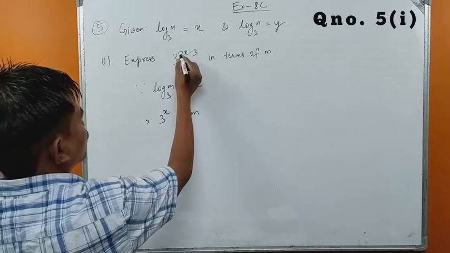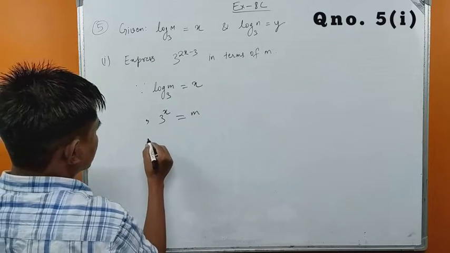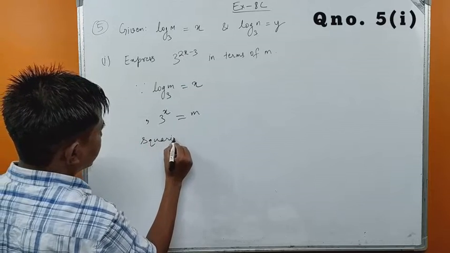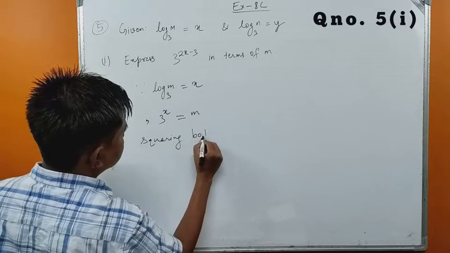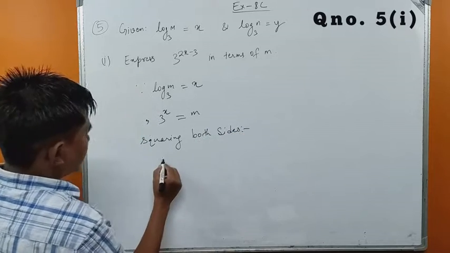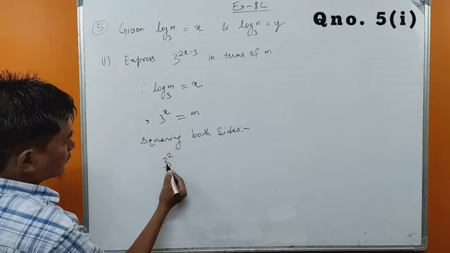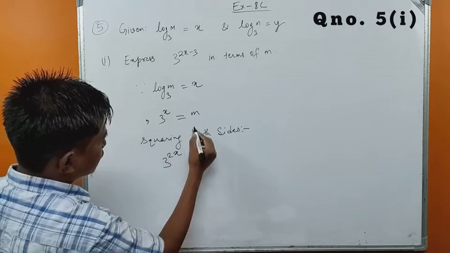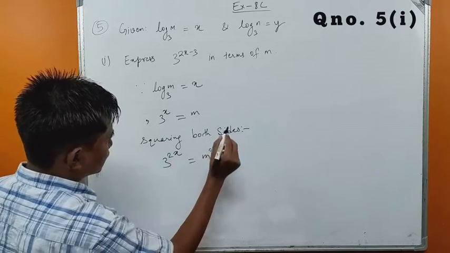Now we need 2x, that means we must square, isn't it? So squaring both sides, 3 squared, okay, x was already there, we write x here, equals m squared, squaring both sides.